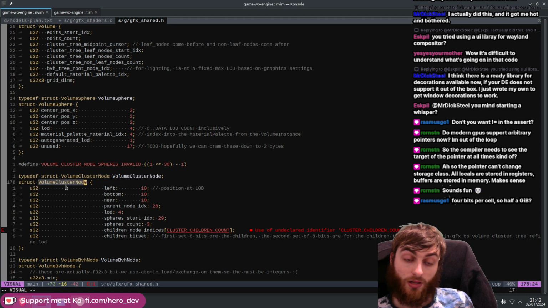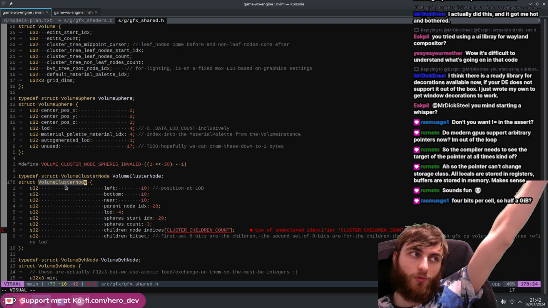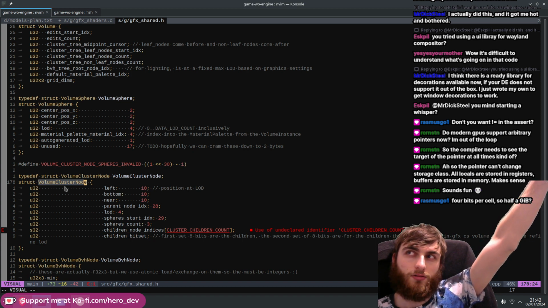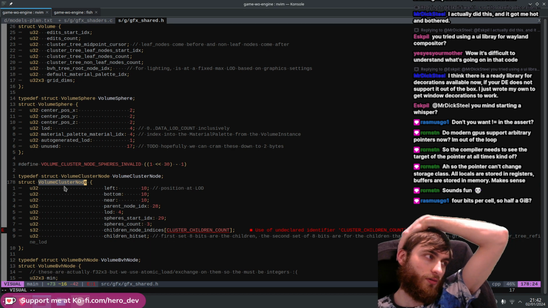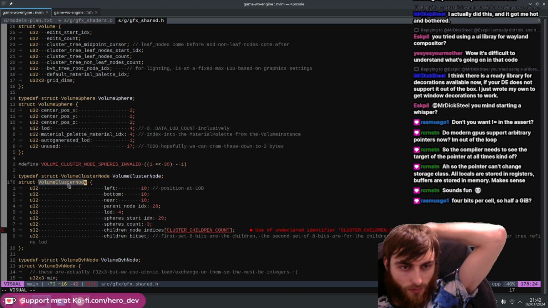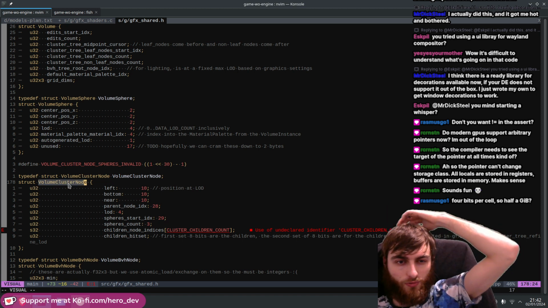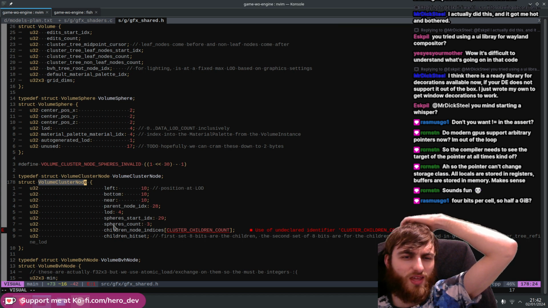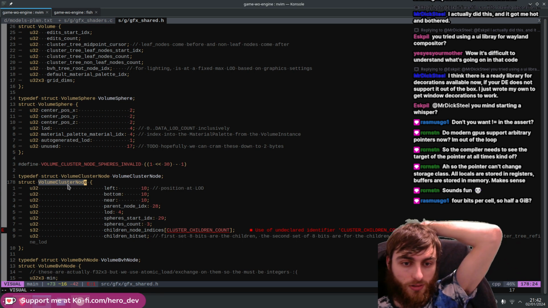Then this one is the clusters, where each one of those nodes at the highest LOD would be, so you divide it by, well, it's the 2 by 2 by 2. So it should be 512. So it'd be 1 gig times size of this divided by 2.